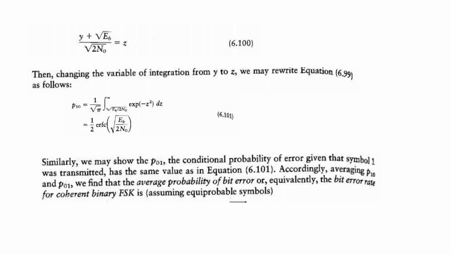Let y plus root Eb by root 2 N0 be equal to z. Changing the variable of integration from y to z, the previous equation can be written as P e0 equal to 1 by root pi integral from root Eb by N0 to infinity of exponential of minus z square dz.